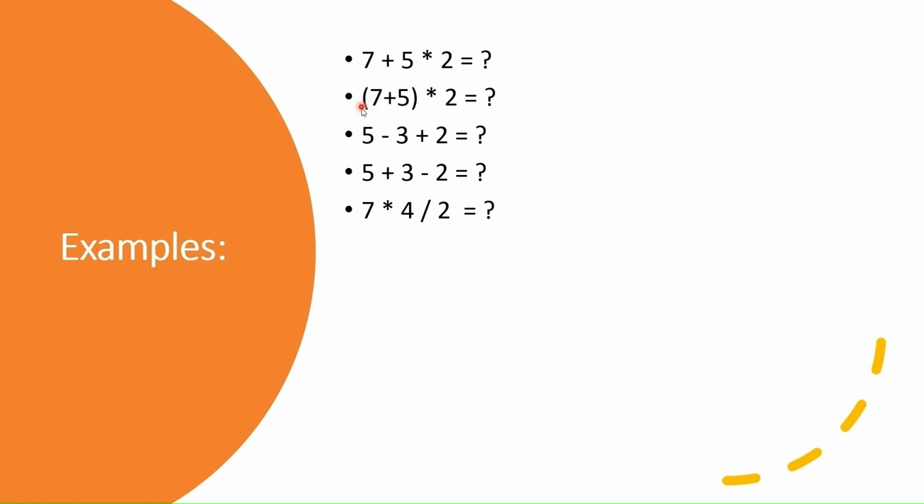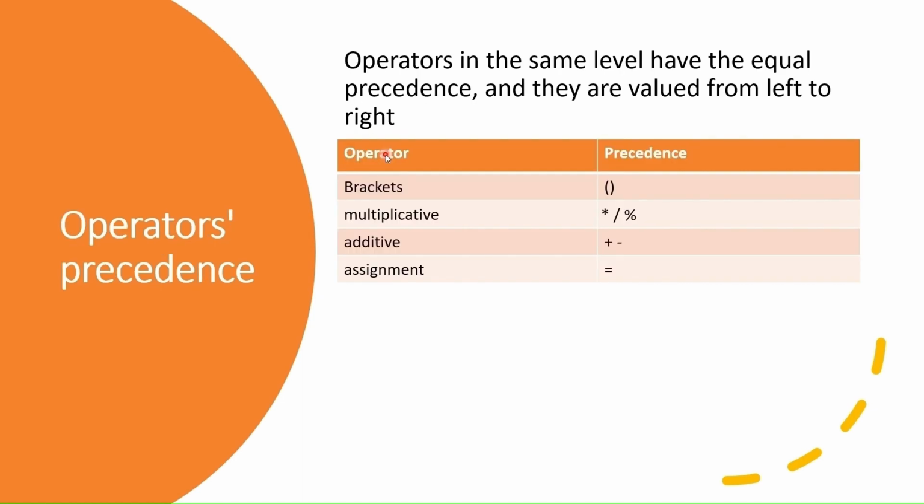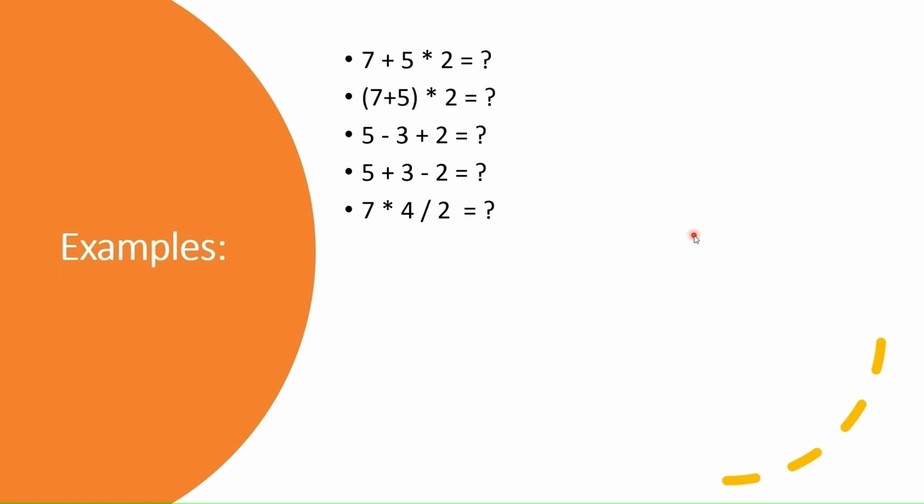Now we have brackets here, the same arithmetic expression, but we have brackets around 7 plus 5, multiplied by 2. What do you think is the result? 5 minus 3 plus 2, and you can see from this table, we have the additive, the same level, but they are coming from left to right, as we mentioned.